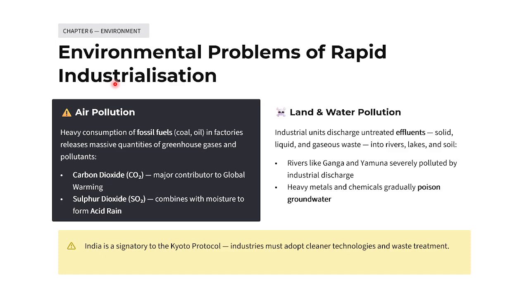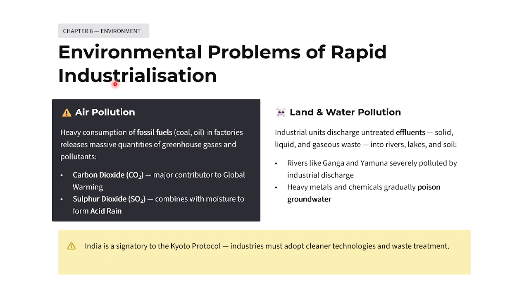Industrial discharges, untreated effluents like solid, liquid, and gaseous waste, go into rivers, lakes, and soil. Rivers like the Ganga and Yamuna are severely polluted by industrial discharge. Heavy metals and chemicals gradually poison the groundwater.